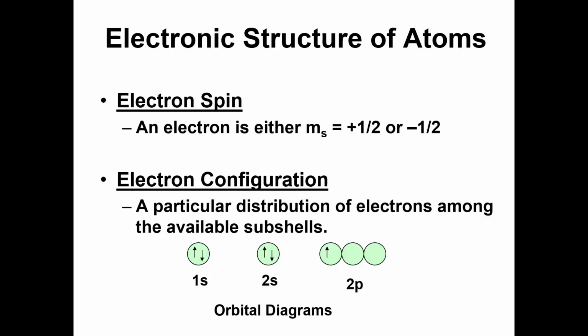And so if you remember the m sub s quantum number, it was either plus a half or minus a half. What we do here is we put little hooks. This is an orbital diagram. We already know, for example, that boron has 5 electrons total, and that the first quantum number is n equal to 1, and it has an s orbital.